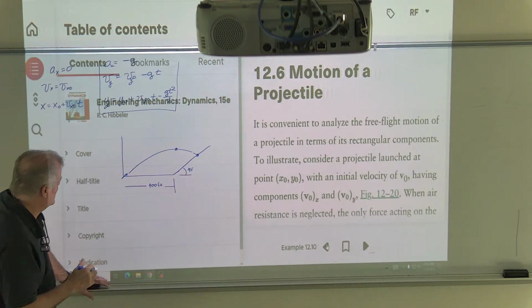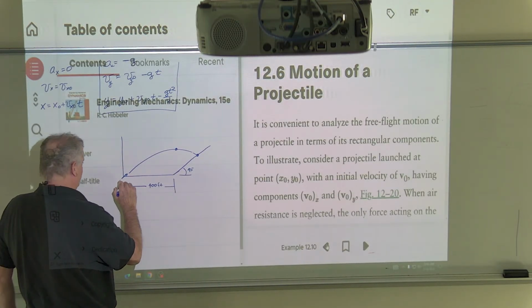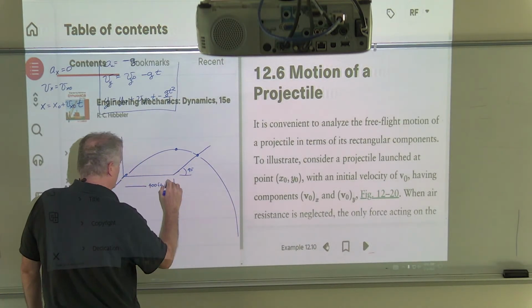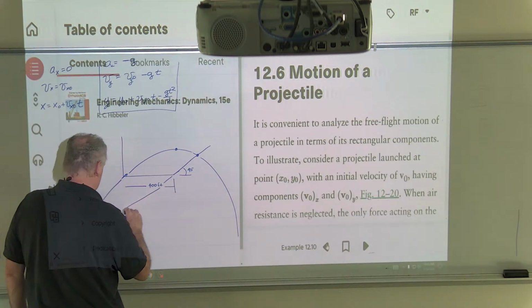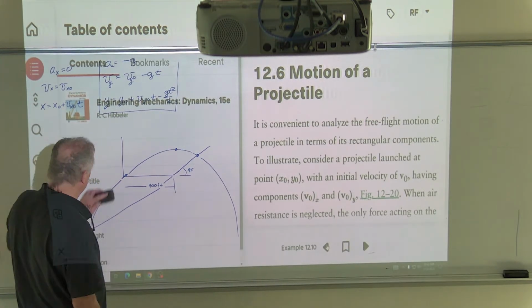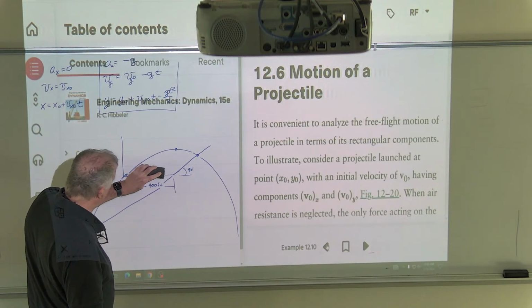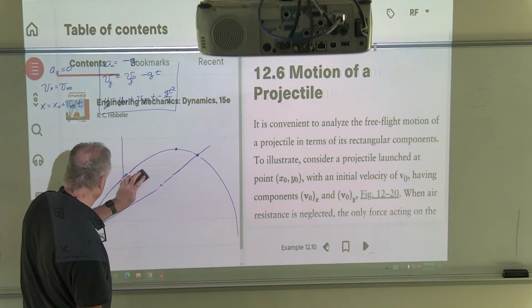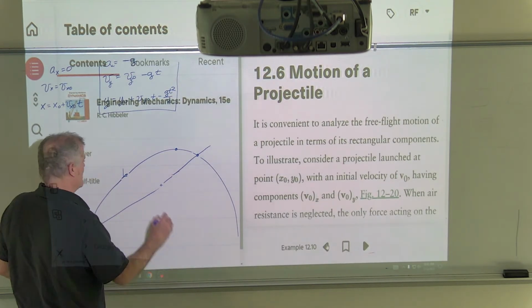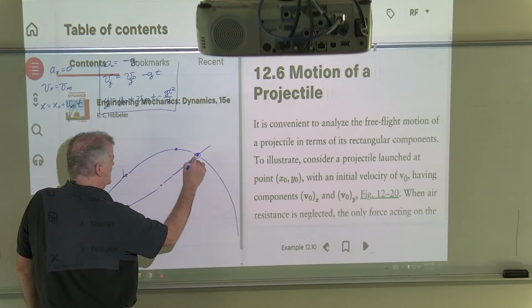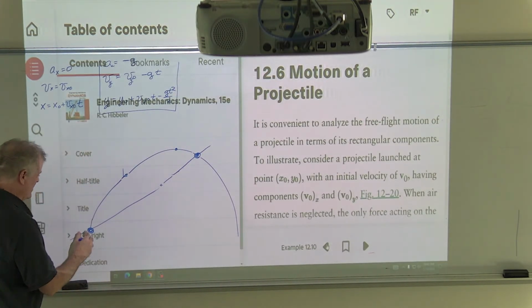But the difference is this. If you recognize this is a parabola, and then you recognize this is a straight line, and then what you do is you remove everything else, and you're back in math, and now you're looking for the two locations where these two cross. You'll get two solutions.